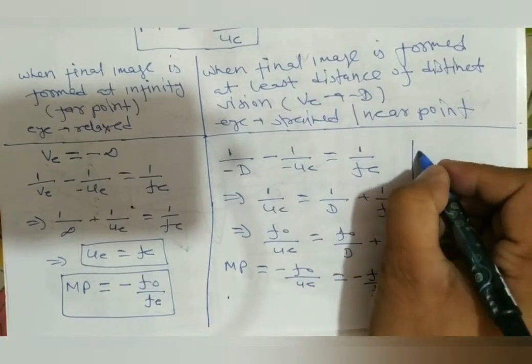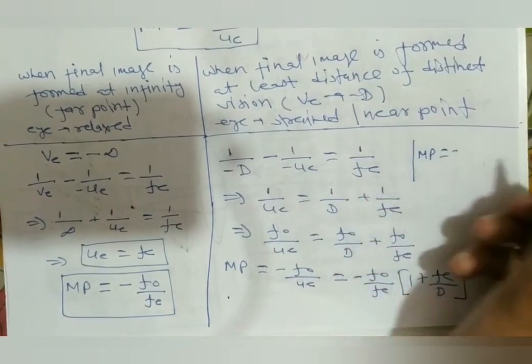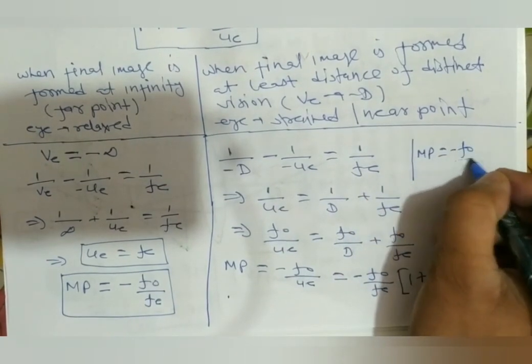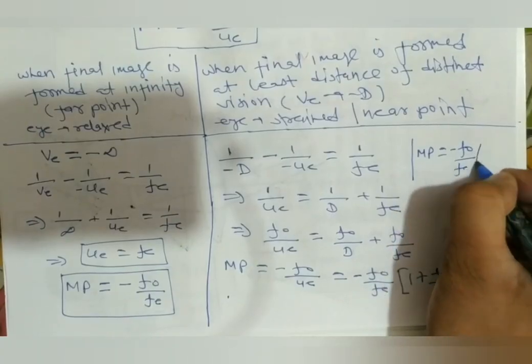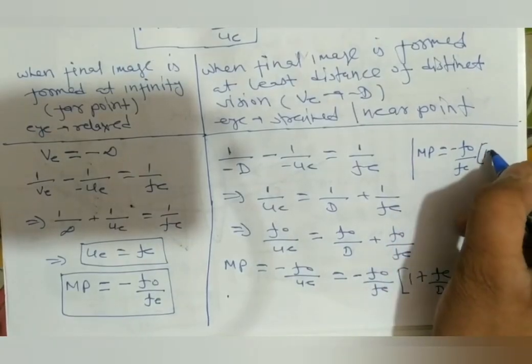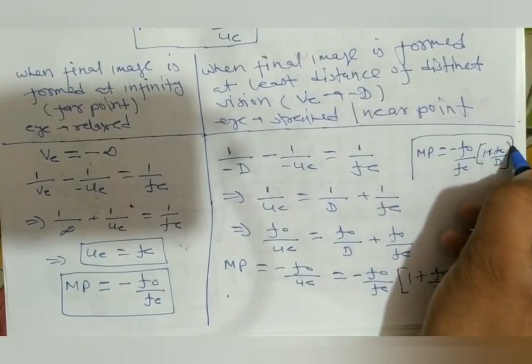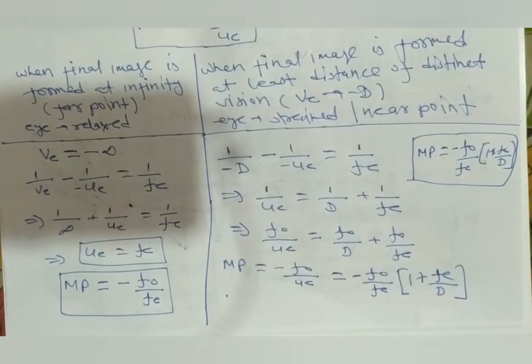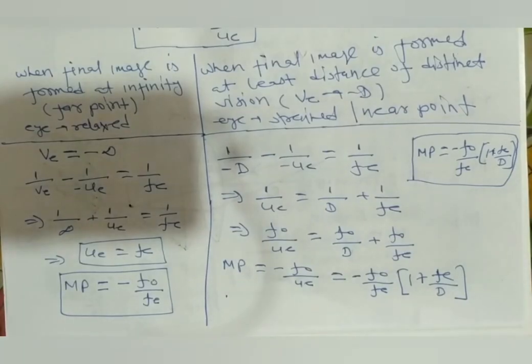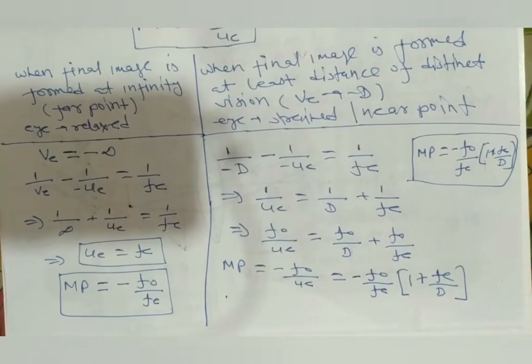Let me write here: MP equal to f naught upon FE times 1 plus FE upon D. This is the final magnification in case of near point. This was the derivation for the astronomical telescope.